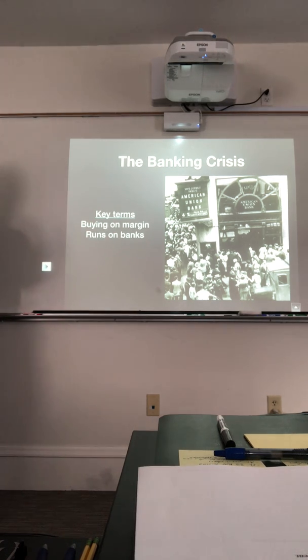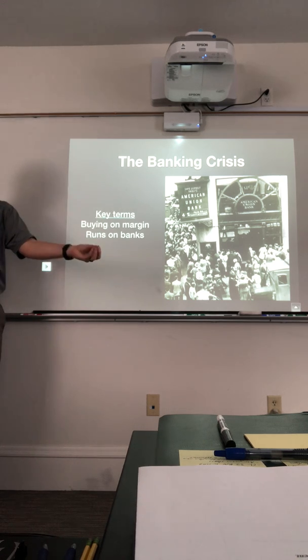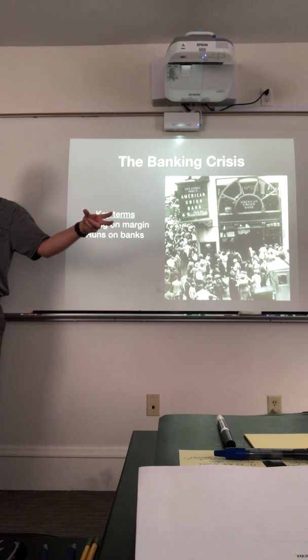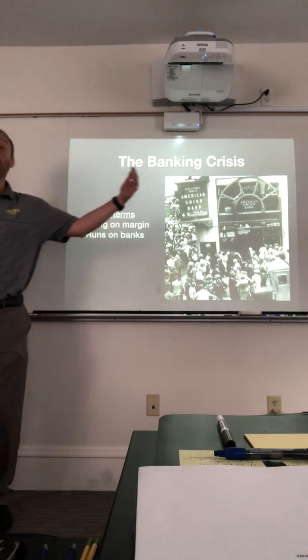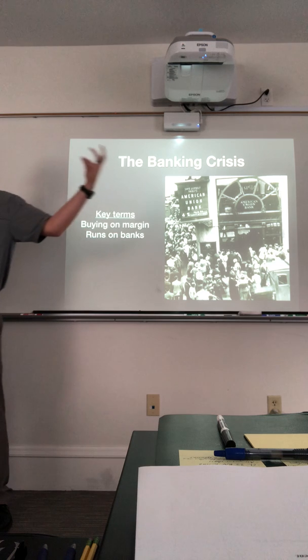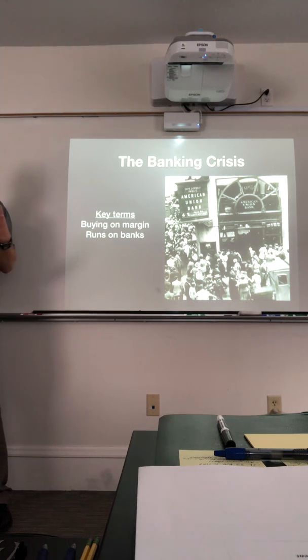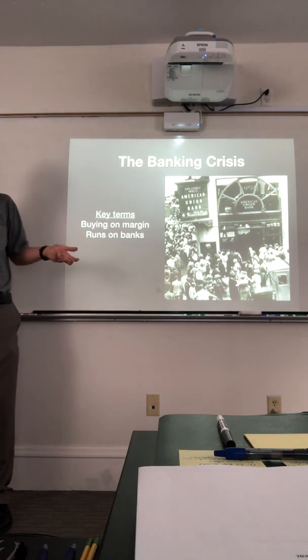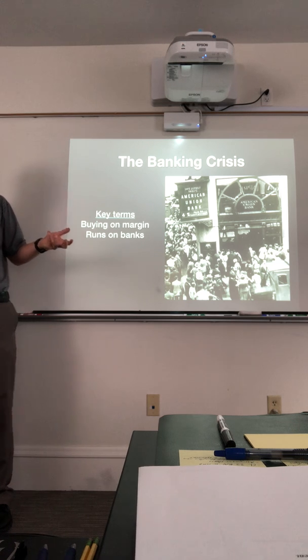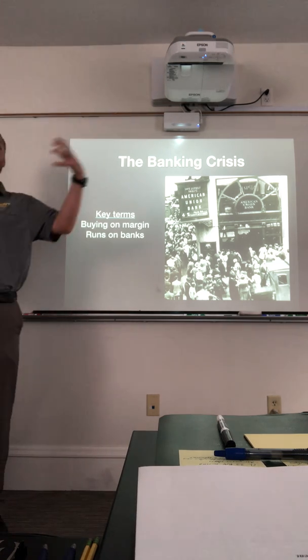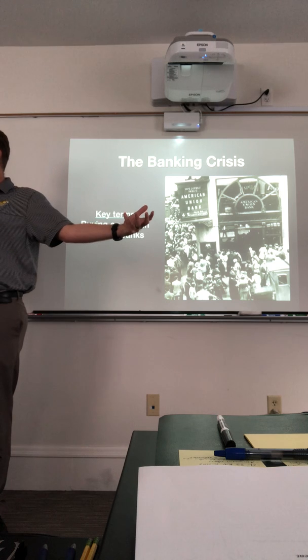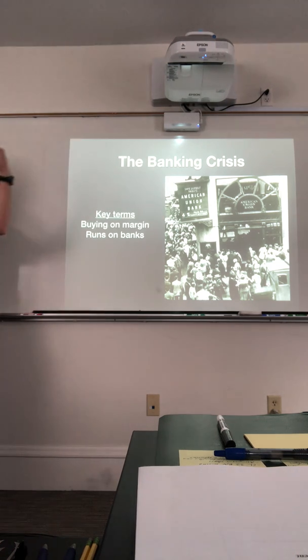Basically, what that would mean is that people would buy stock with a down payment out of their own money, and then borrow a whole bunch more money from the bank in order to buy more stock. Okay? I'll say that again, right? They would put a down payment on stock out of their own money, but then borrow a lot of money to buy more stock.